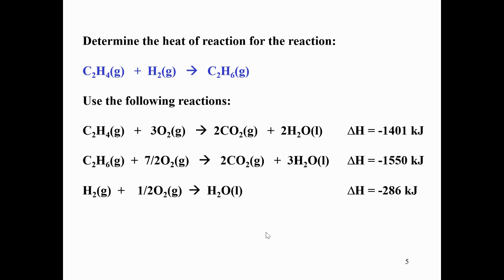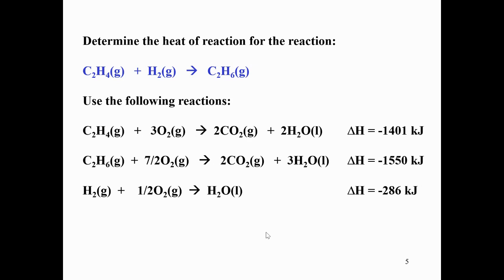My second pathway I could take is C2H6 plus 7 halves O2, forming 2 CO2s plus 3 H2Os. And that pathway is a delta H of a negative 1,550 kilojoules. And the last one, I have H2 plus 1 half O2, forming H2O. And that's got a delta H of a negative 286.